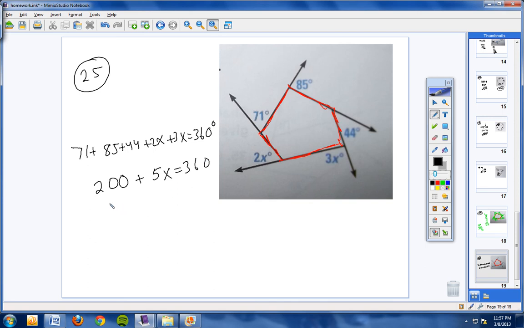Now to solve for x, we subtract 200 from both sides. If we subtract 200 from this side, it's gone. This side over here would be 160, and then divide by 5, and x equals 32. So there we go. X equals 32. And that was number 25.